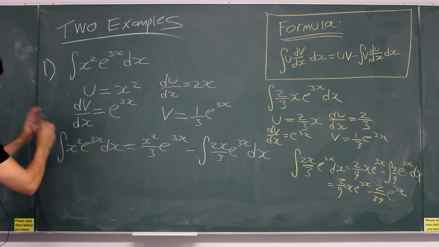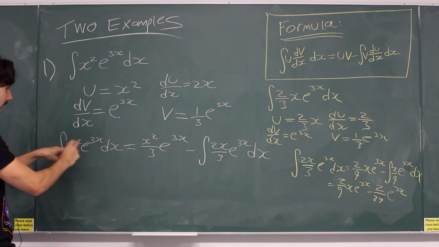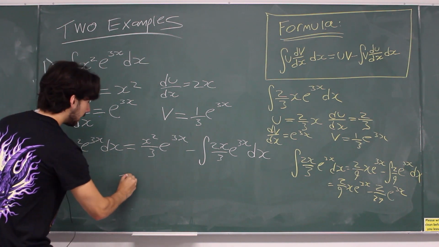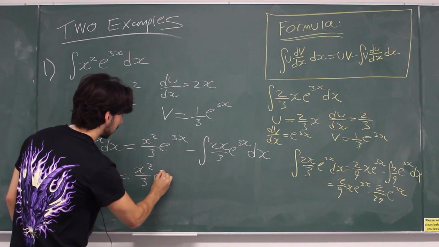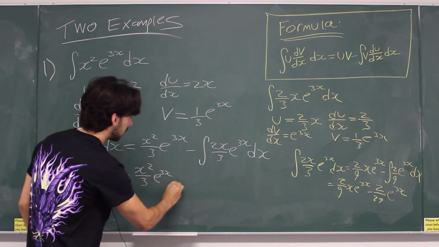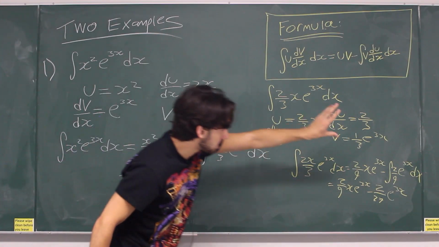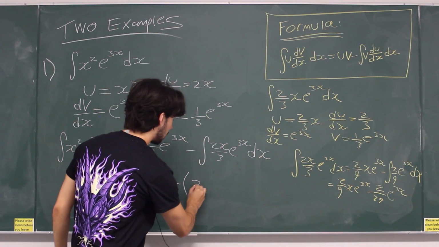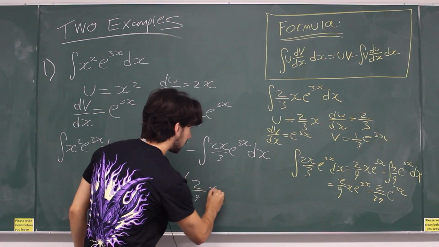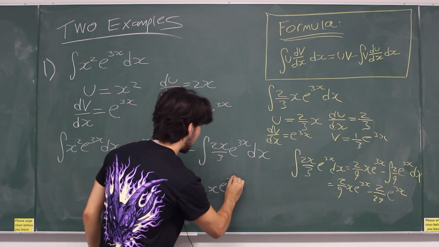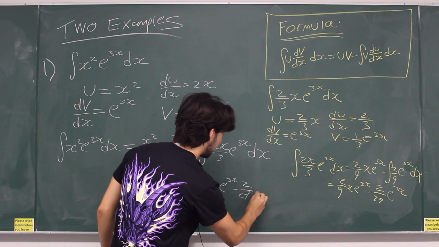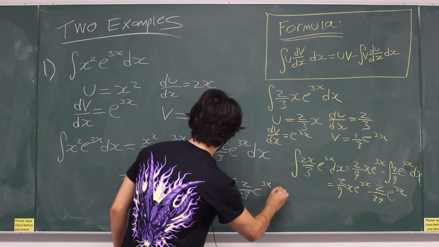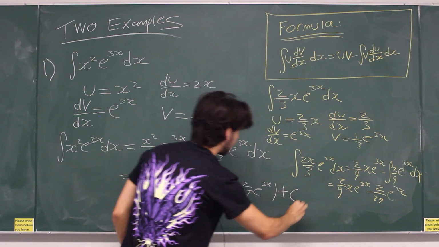So in the actual whole thing, the integral of x squared e to the 3x is equal to x squared over 3 e to the 3x minus this, which is equal to this. So minus 2 over 9 x e to the 3x minus 2 over 27 e to the 3x. And now I'm going to put the plus c on the end.